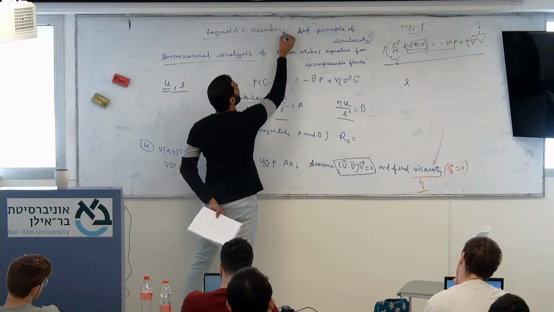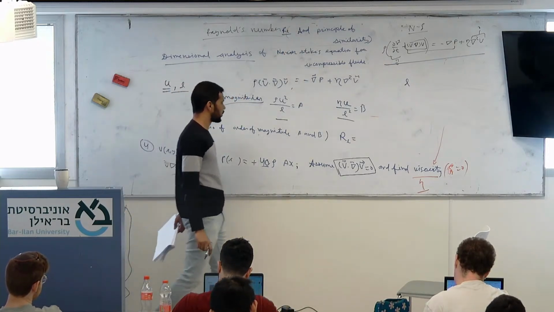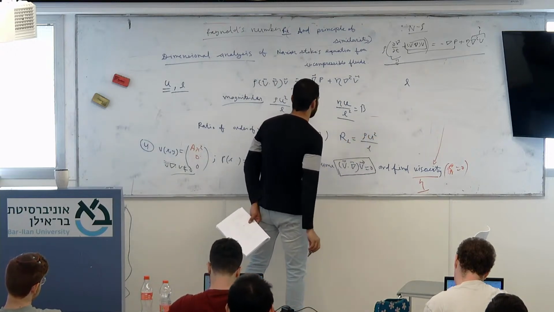So the ratio is simply rho u square over L, divided by eta u over L square.